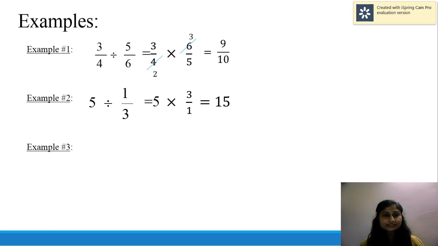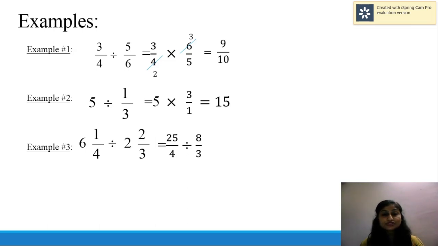Example 3 is 6 integer 1/4 divided by 2 integer 2/3. First we convert into improper fractions. So 6 integer 1 upon 4 is equal to 25 upon 4 and 2 integer 2 upon 3 is equal to 8 upon 3.